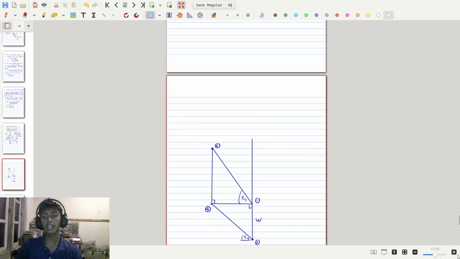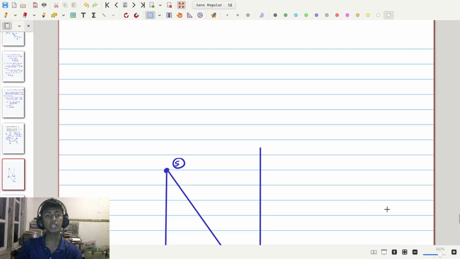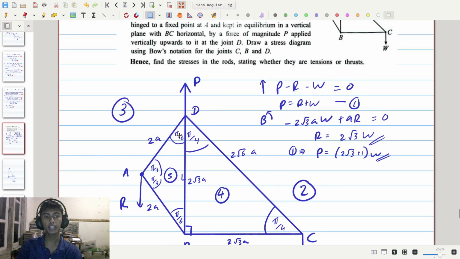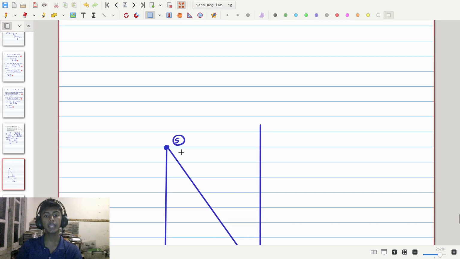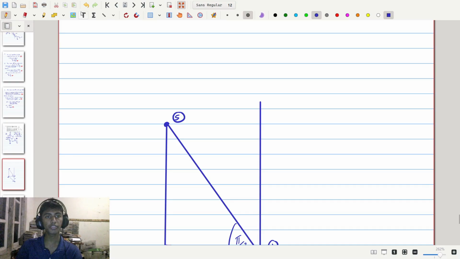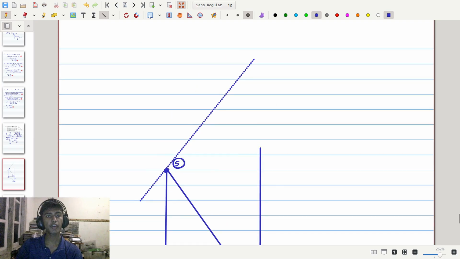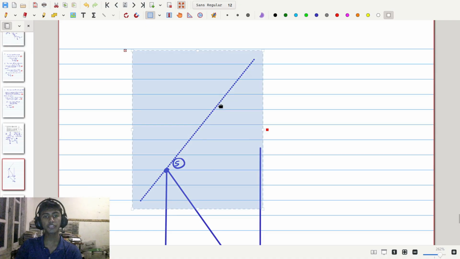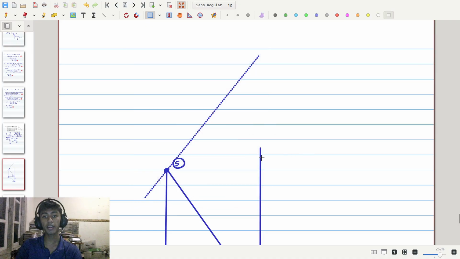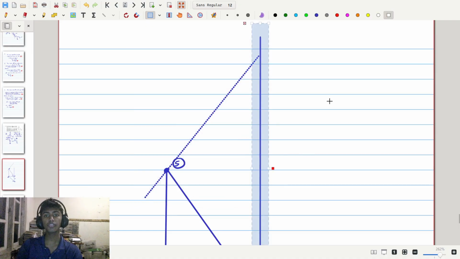The angle from 3 to 5 must be pi by 6 with the vertical, and therefore it must be something like this. If I draw it in dashed lines, it's going to be like this. So if I take this line and extend the line that I drew through the point 1 like this, we can see that they're going to intersect at this point right here.